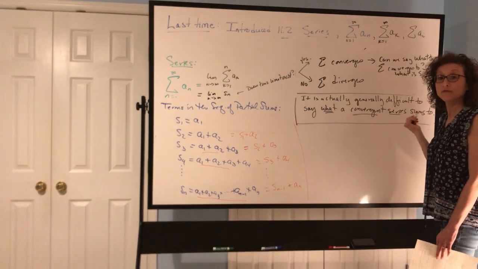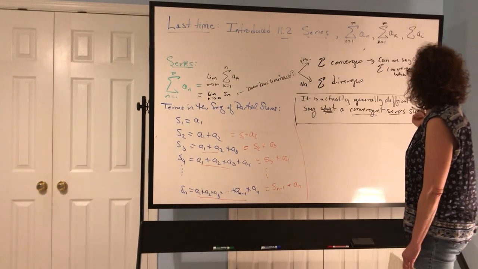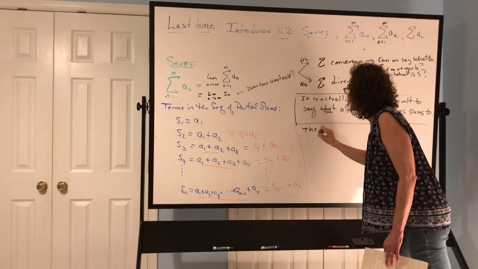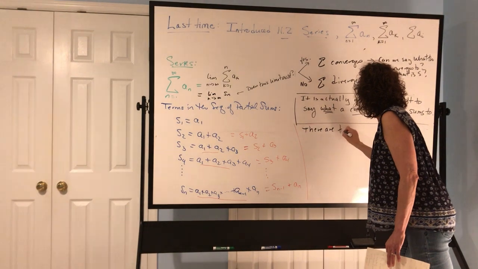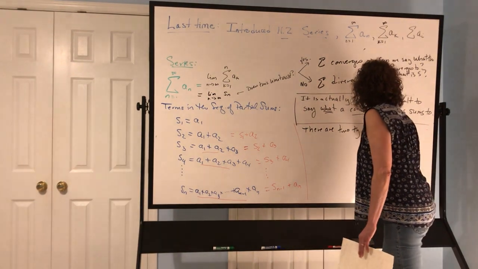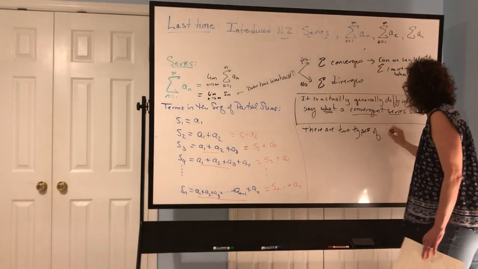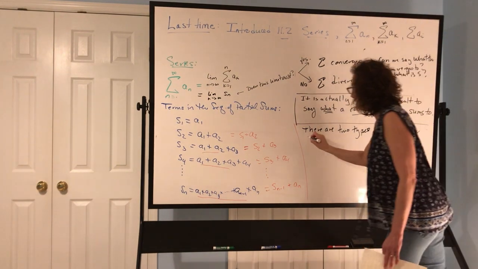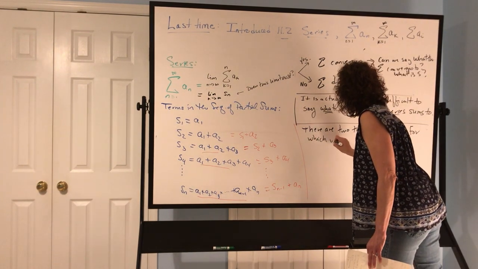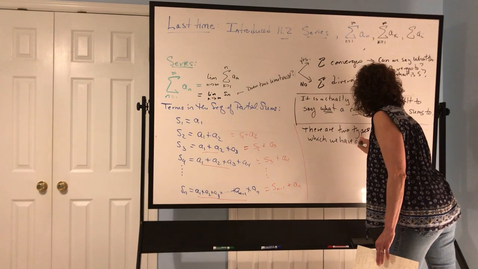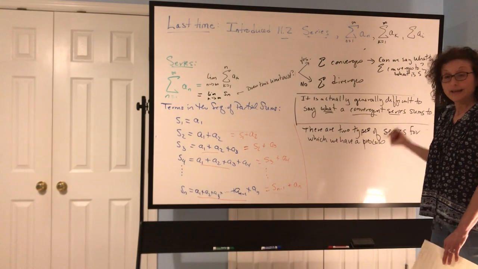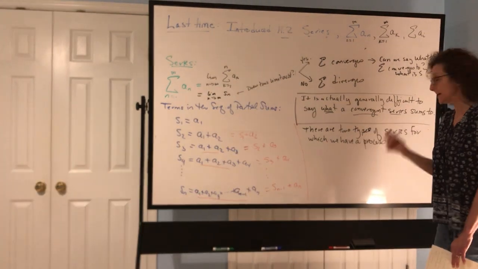It's hard to say what S is. There are two types of series for which we have a process to determine the actual sum S.